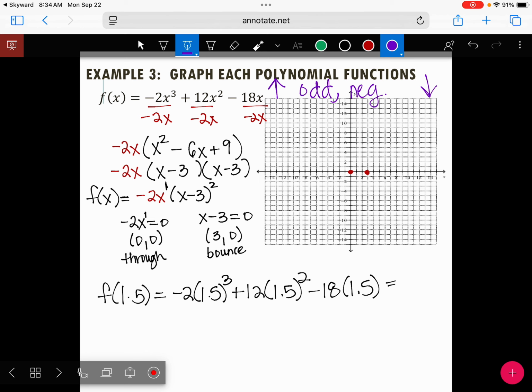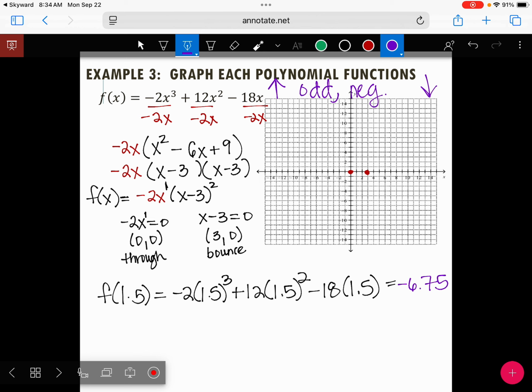Let me insert it for you. So if you're not getting that number, it's probably just something you're not putting in. So I got about negative 6.8, negative 6.75 to be exact.